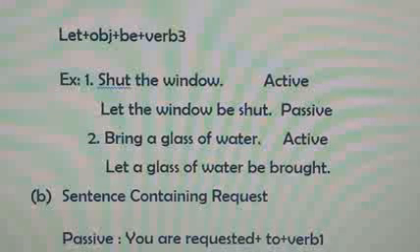Okay, in this kind of sentences we will do it. Okay, let's see how.